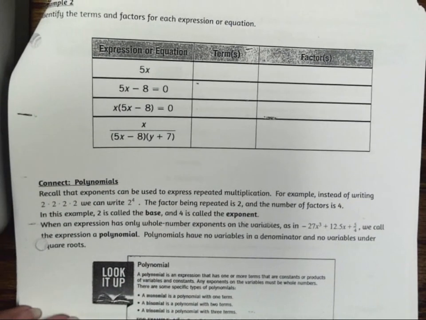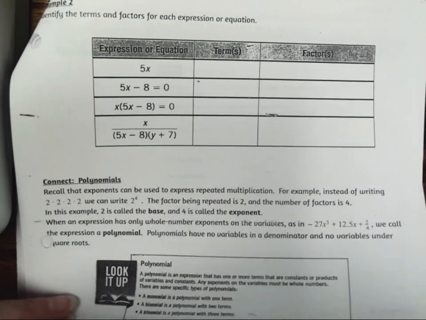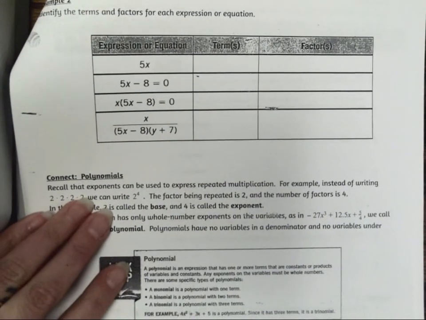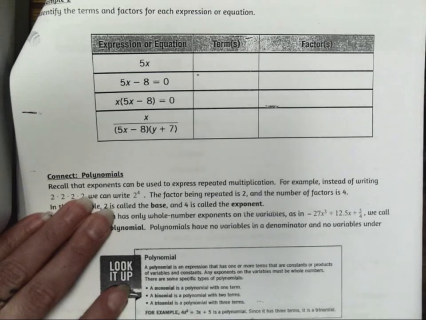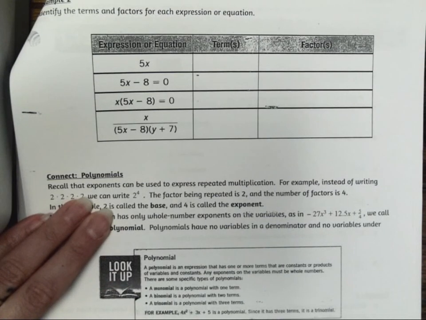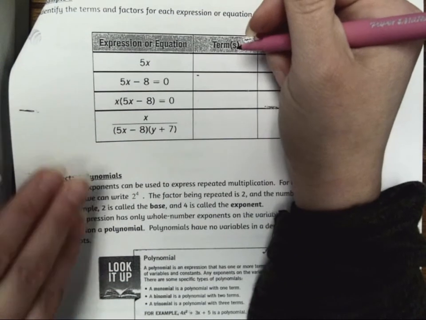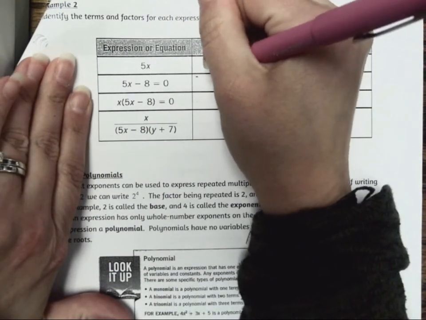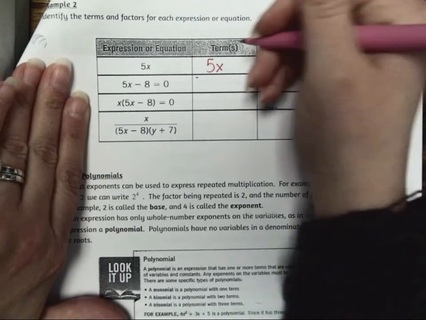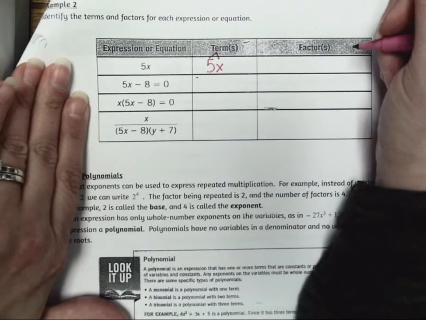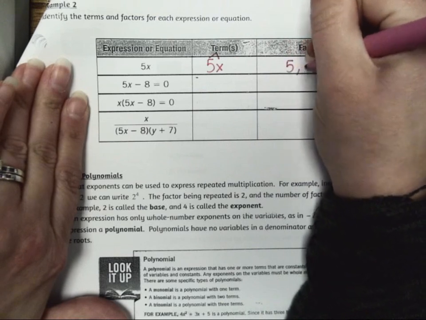For example 2, we're going to identify the terms and factors for each expression or equation. Okay, so my terms, remember, are separated by addition, subtraction, or an equal sign. So for the first one, the term is 5x. Factors are the things that multiply together. So 5 and x.